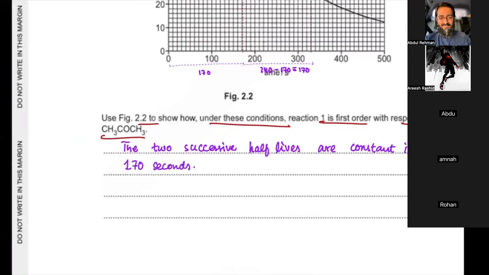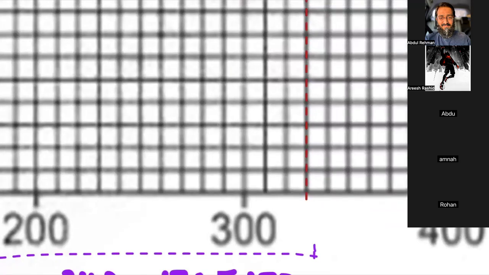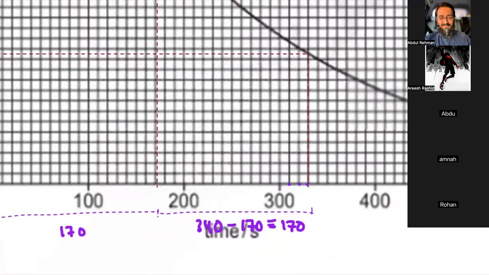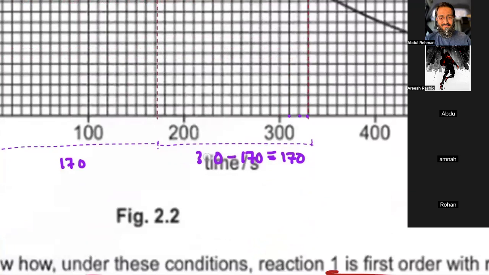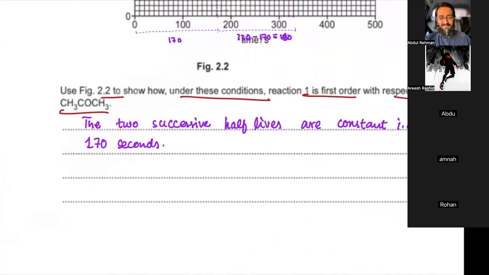Is this clear to all of you? No, it's 340. See, 310, 320, 330, which makes it 160. So over here, you are going to write around 170 seconds.